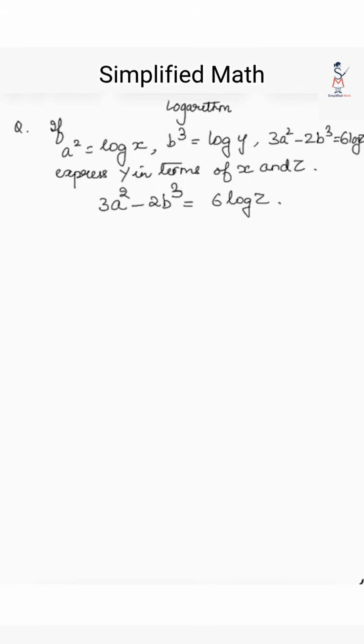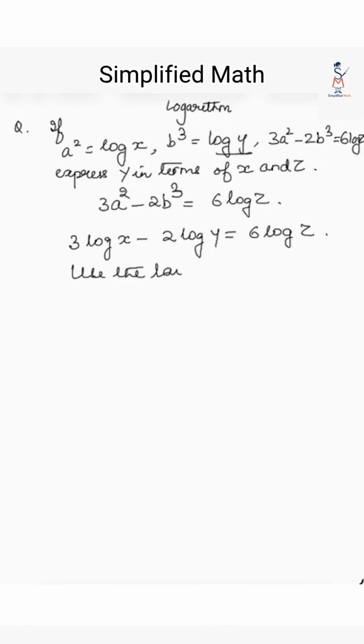We'll substitute the value of a square and b cube in this. So this will become 3 log x minus 2 log y is equal to 6 log z. Now what we will use? We will use the law of the log, that is n log a is log a raised to the power n.